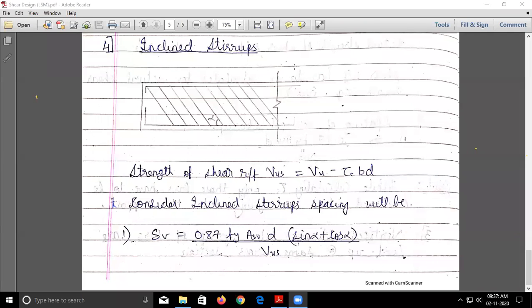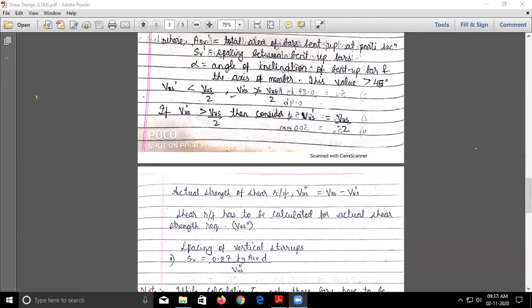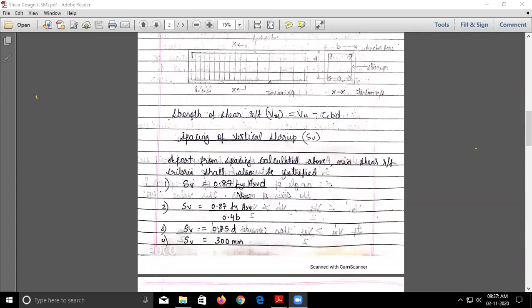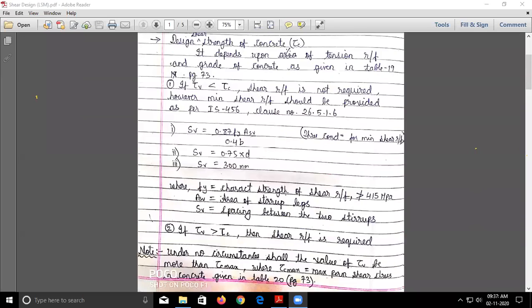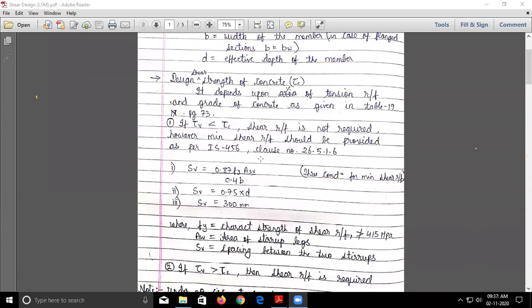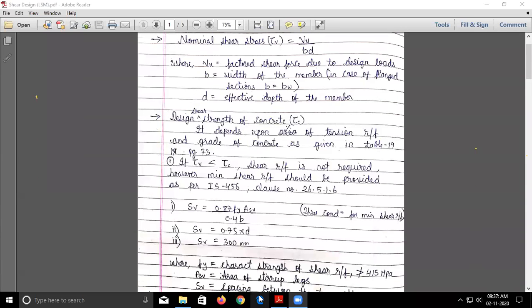Sir, the same procedure is on which page number in IS code? So I have mentioned the clauses here. If you go to clause 26, in clause 26 you will find these terms.